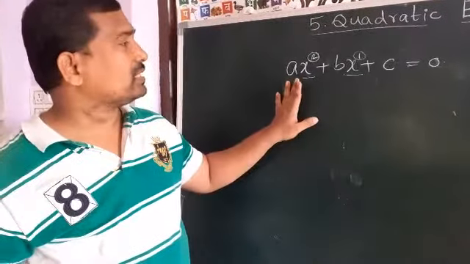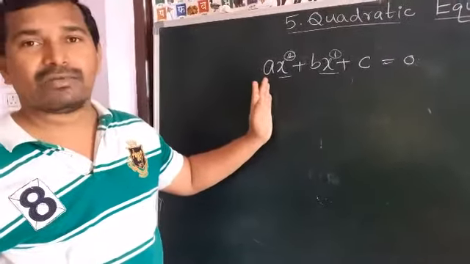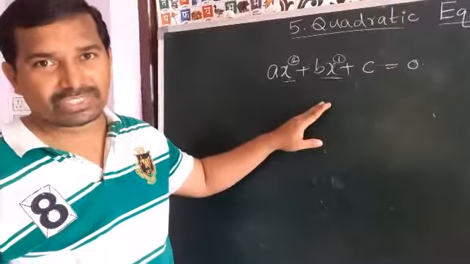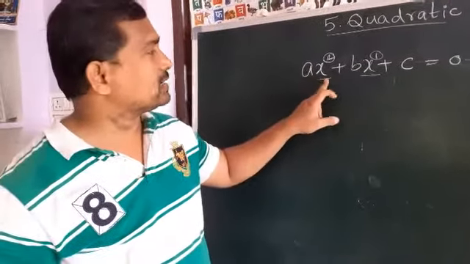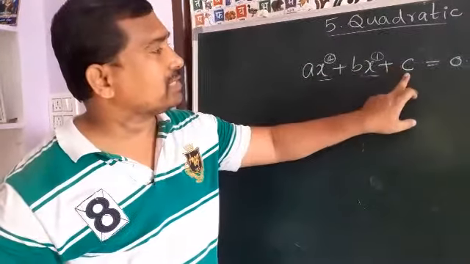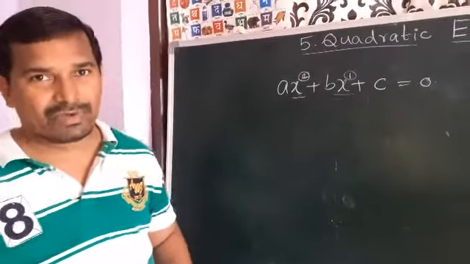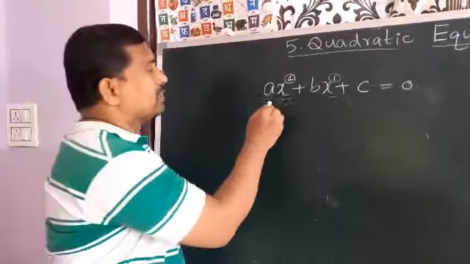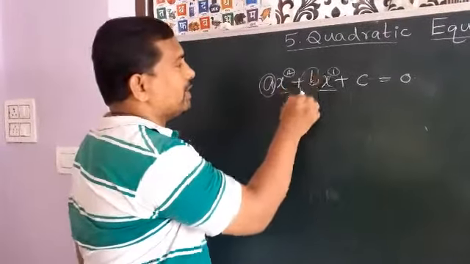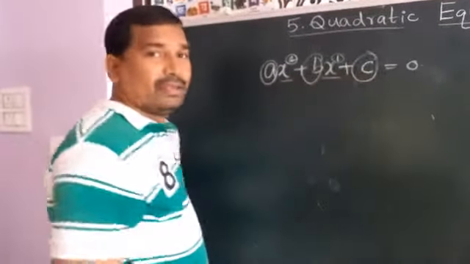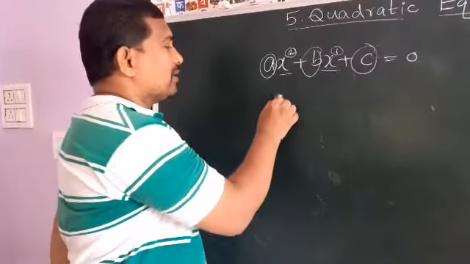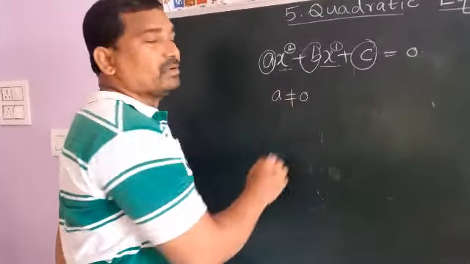So this equation is called the standard form of quadratic equation. See, ax square plus bx plus c equals 0 is called the standard form of quadratic equation, where a, b, c are real numbers, where a not equal to 0.